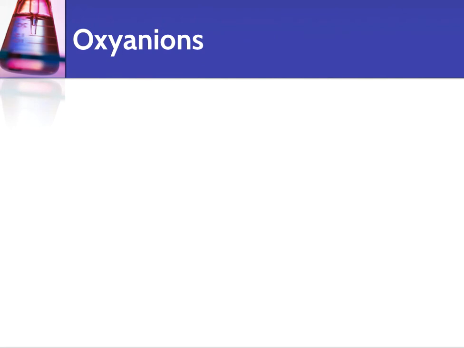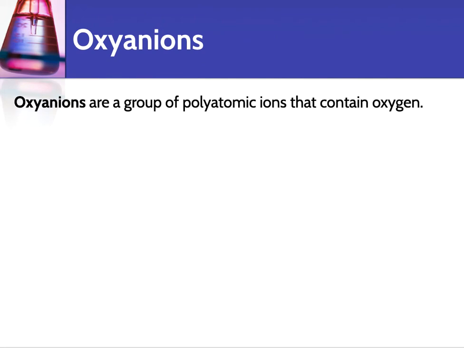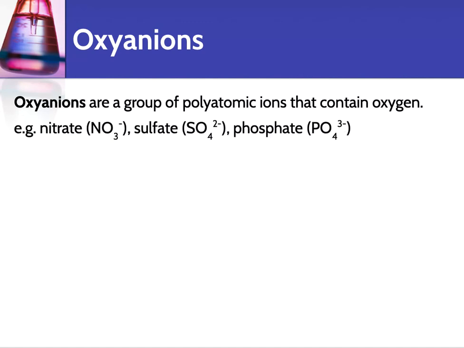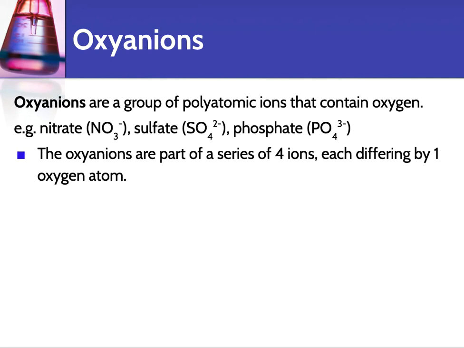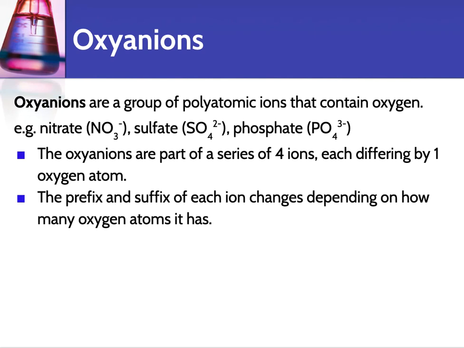So the last thing we're going to look at are the oxyanions. These are a group of polyatomic ions that contain oxygen. So examples are nitrate, sulfate, phosphate. There's also carbonate, chlorate. So they contain oxygen. So they're part of a series of 4 ions. So nitrate is part of a series of 4, and sulfate is part of a series of 4, etc. And they each differ by 1 oxygen atom.